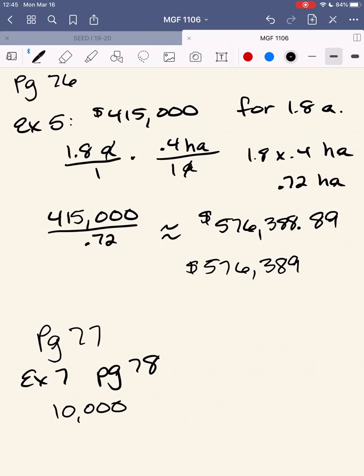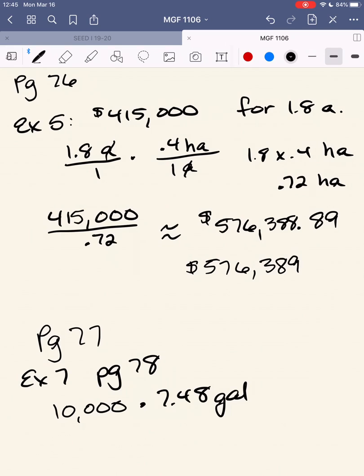So I can multiply my cubic feet times 7.48 gallons. Luckily for us, they gave us a number that is actually a power of 10. So how many gallons does this hold?